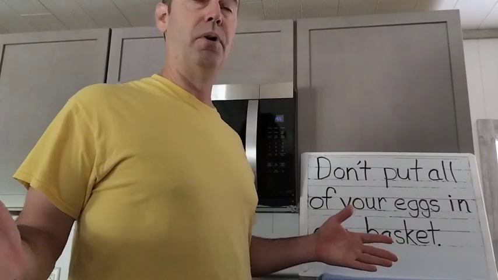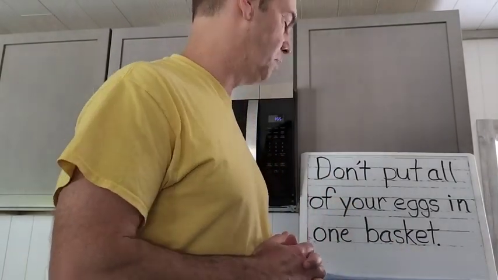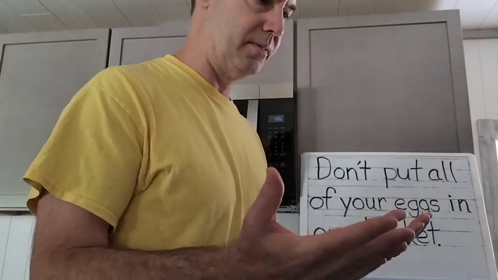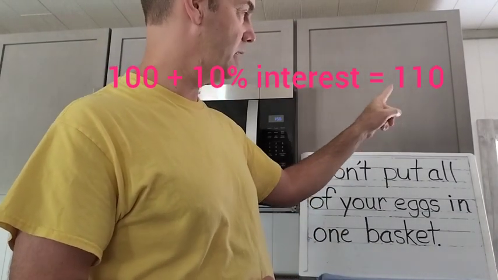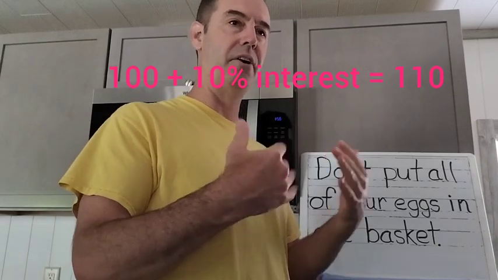So this guy would always, when he had some extra money, buy General Motors bonds, which means he would give General Motors, let's say, $100, and at the end of a year, General Motors would give him his $100 back plus 10% interest. Let's just say 10%. So at the end of a year, he would make $110.